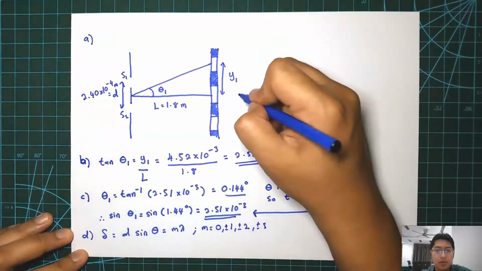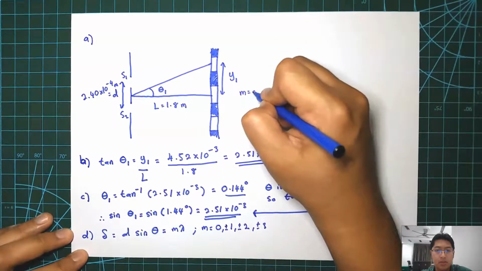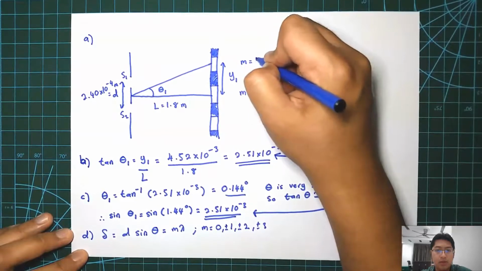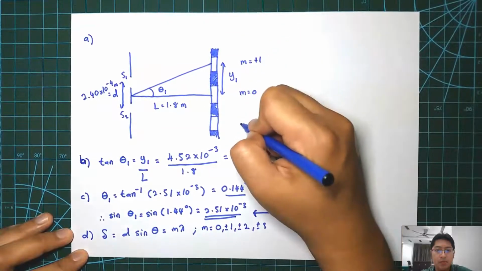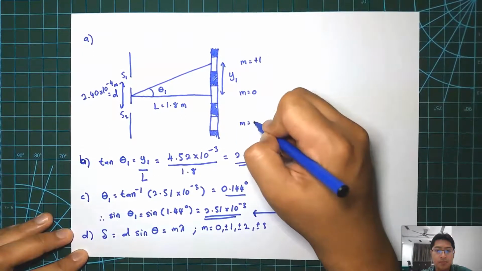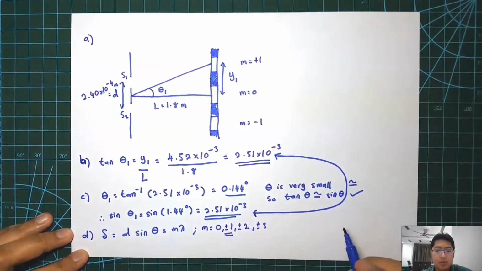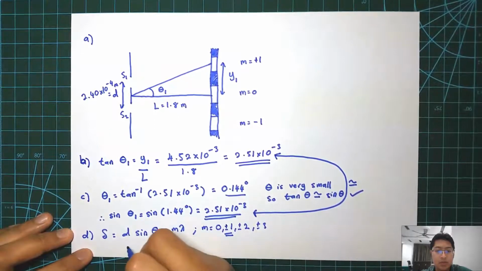That's the condition for the bright fringe. This is the central bright fringe, this is the first bright fringe. So this question asks for the first bright fringe, so you need to replace m with 1.